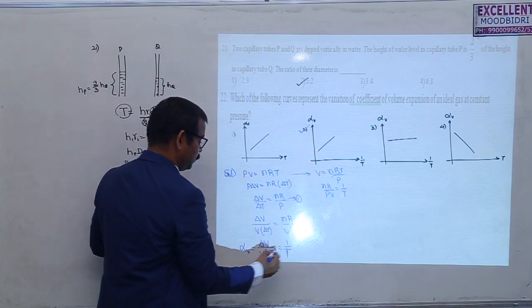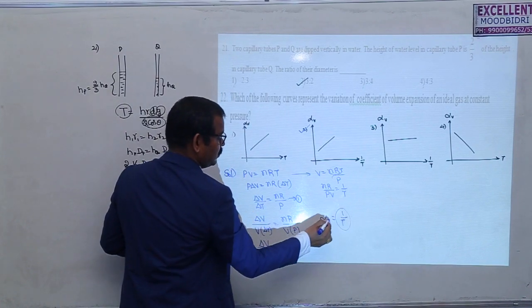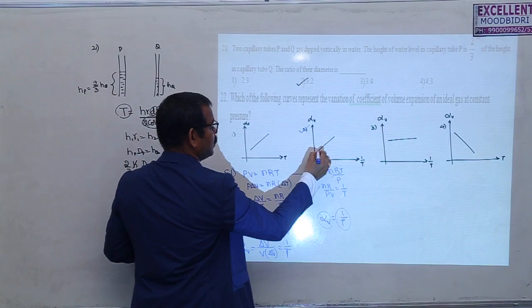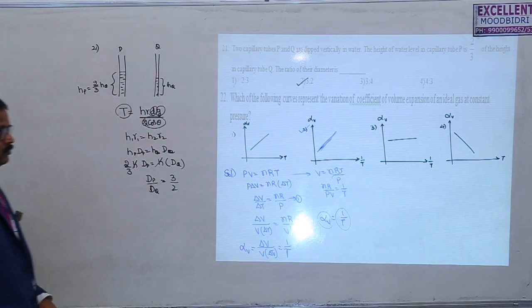So option 2 is correct, because alpha V is equal to 1 by T. If you take these two, which are directly proportional to each other, the corresponding graph will be a straight line, option 2.